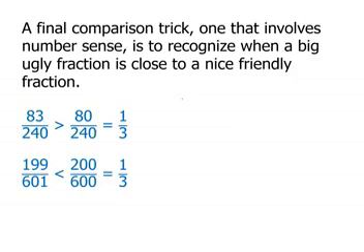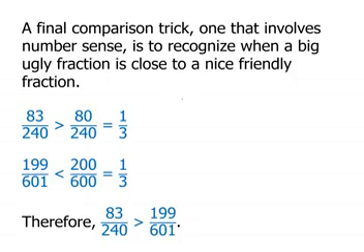And so we know that 83 over 240 is greater than 1/3. 199 over 601 is less than 1/3. And so right away, that tells us that the one that's greater than 1/3 has to be greater than the one that is less than 1/3. And so this makes it easy to compare ugly fractions if we can use number sense to see that they're actually very close to a nice, neat fraction.